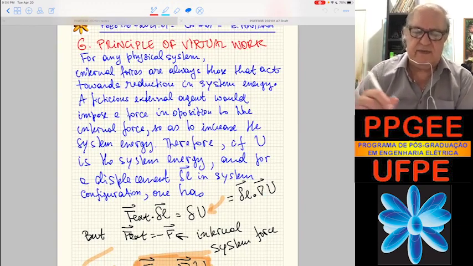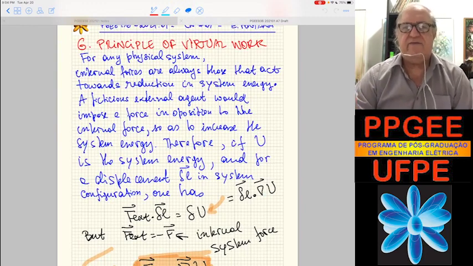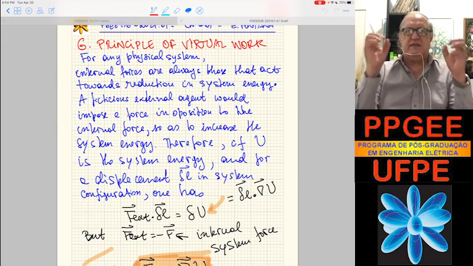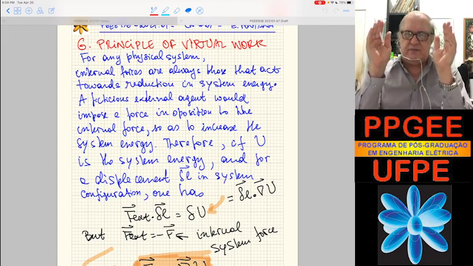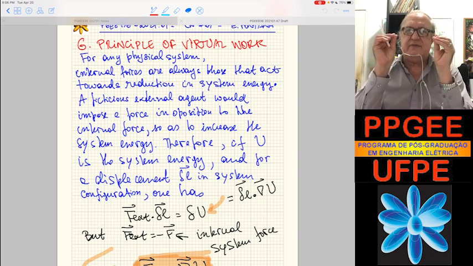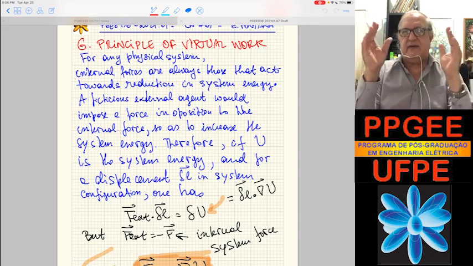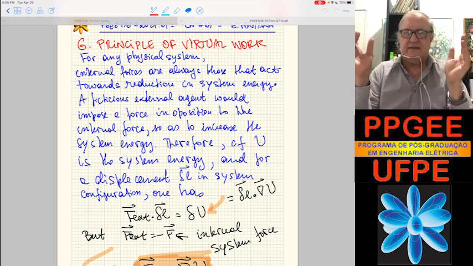For any physical system, you have internal forces. Okay. If, for instance, you have a configuration of two charges, either positive or of different signs, we imagine that they are being held at this position, right, where they are. If we just let the system go, the charges will be either attracted or repelled, depending on the signs.